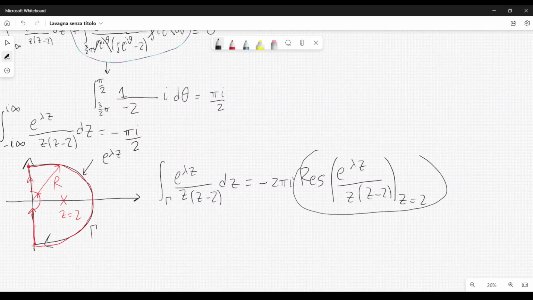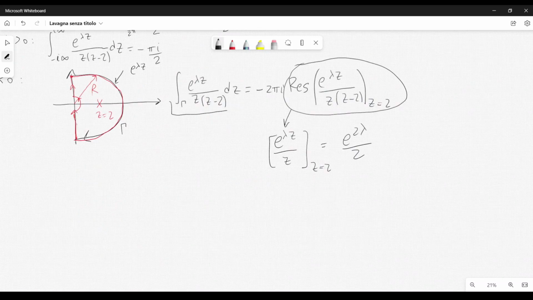It's quite easy to calculate the residue of a function whose singularity has multiplicity equal to 1. So in this case, we simply multiply the function by z minus 2, so we get e to the lambda z divided by z, and we have to set z equal to 2. So this will yield e to the 2 lambda divided by 2.